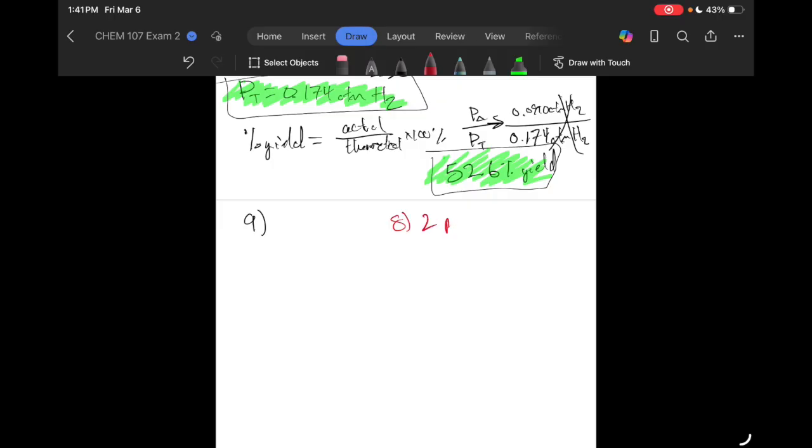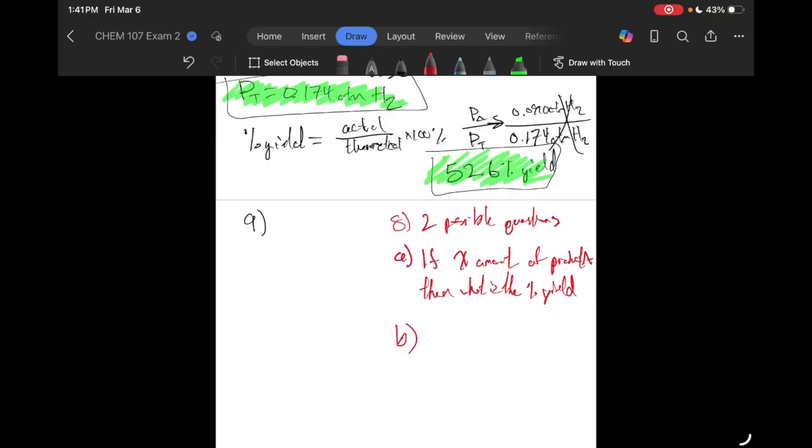I'm just going to write this in red off to the side over here. There are two possible questions that they will ask you. So there's either: if X amount of product A gets made, then what is the percent yield of the reaction?